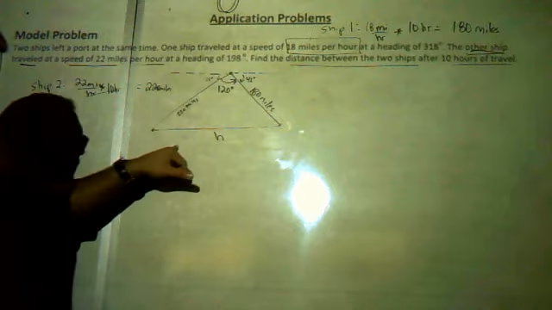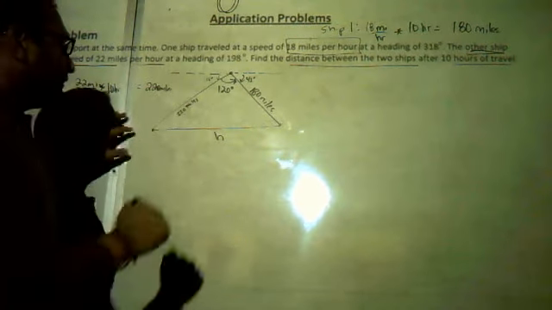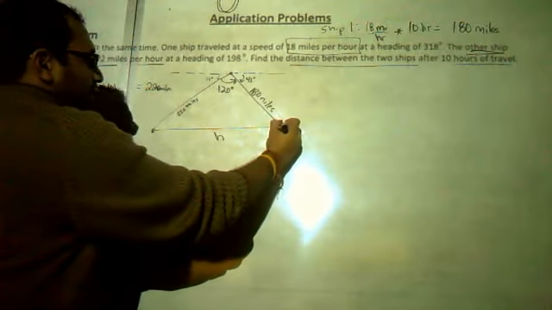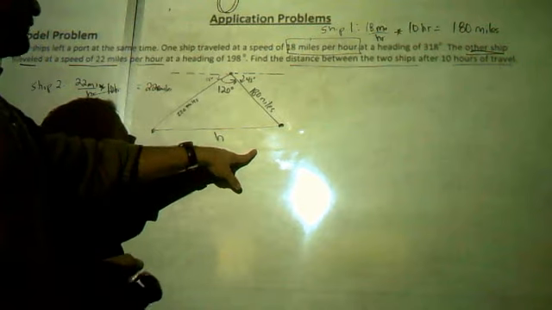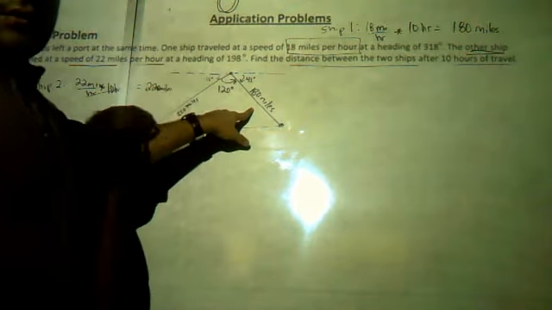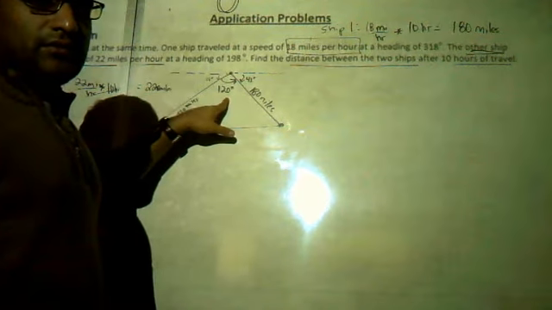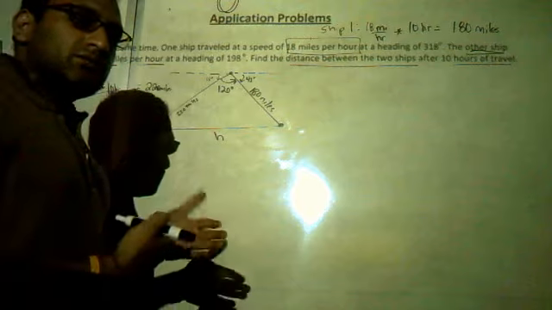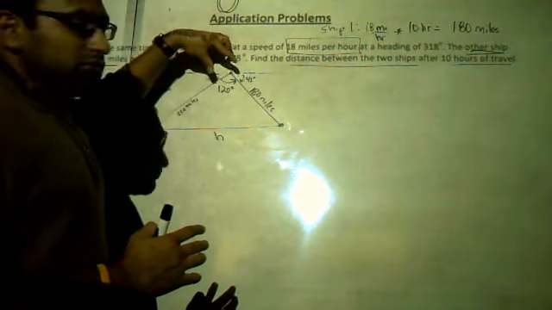You're looking for h. You're looking for the distance between the two ships. Is there anything that you can use in order to find that distance? Well, what do we have? We have two sides and the included angle, or the slice of cheese between the two slices of bread, because it is the angle directly between those two sides.